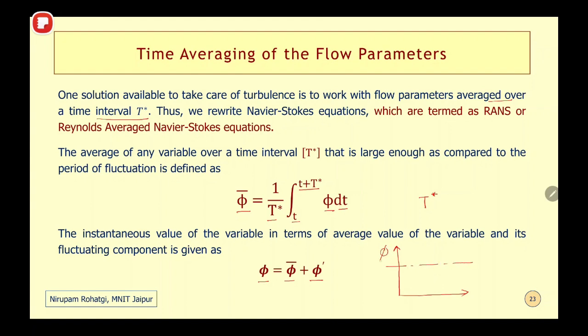This is phi, this is time, and there are variations like this. Okay. So this variation is phi prime, and this value is phi bar. So basically you are dividing into two parts, the average and the oscillation.